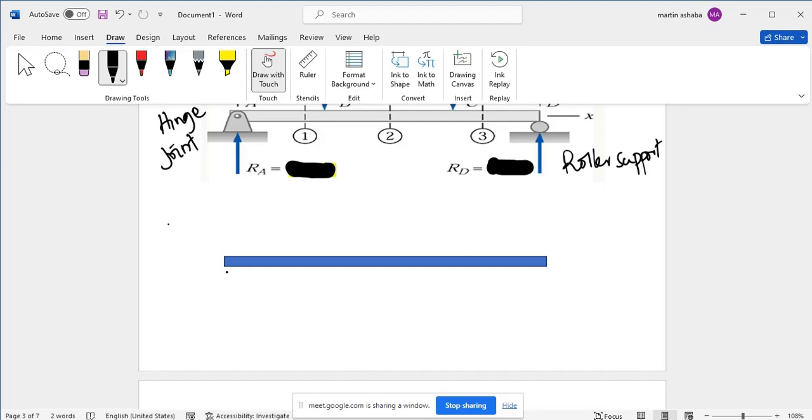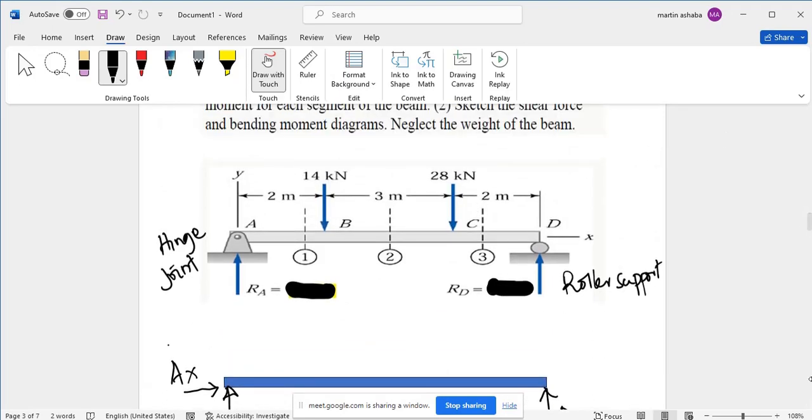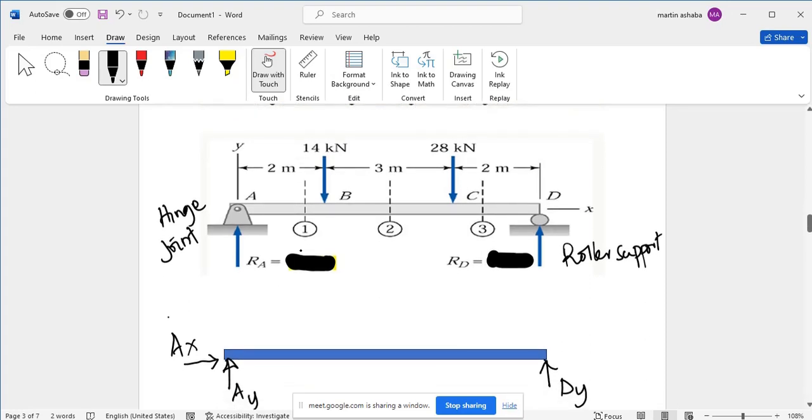Okay, so I've said we have a vertical reaction which we are calling maybe AY, and we have a horizontal reaction which we are calling AX, because we have a hinge joint here. Then we are also going to say, since this is a roller support, we shall have a reaction that we are going to call DY in the vertical direction. Then again, we are provided with the concentrated loads.